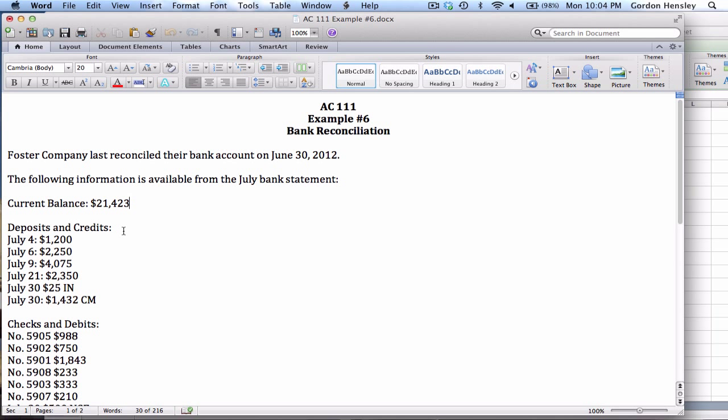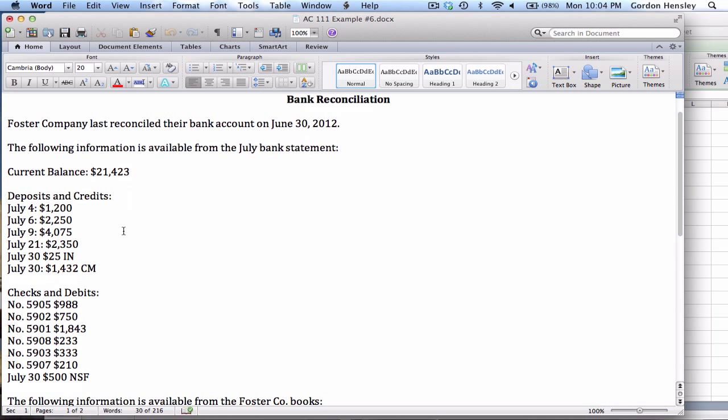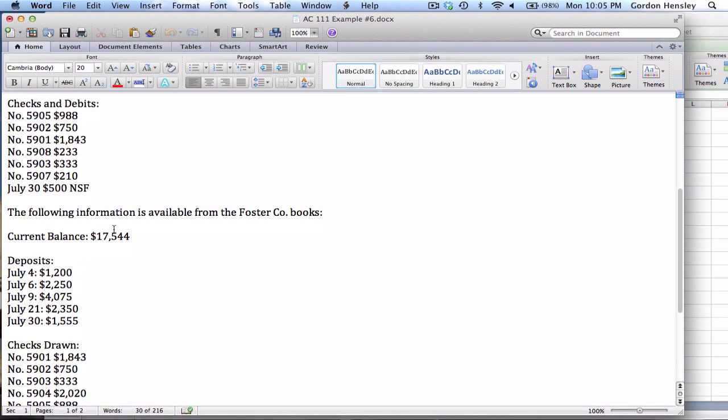So first thing I'm looking at my deposits. Now down here, it says this information is from my books, and I have these deposits. And I see 5 different occasions where, according to our records, we went to the bank and deposited money. I want to see if all these are showing up on my bank statement.